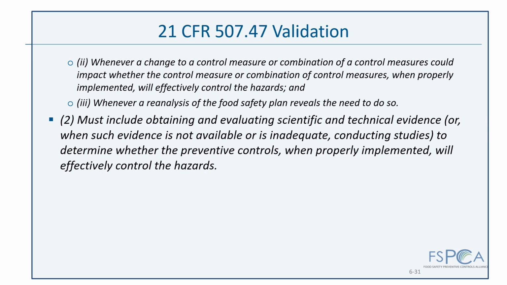But make sure that you actually go through that thought process of validating any change in your control when you're making those changes. Also, when you do a reanalysis and your food safety team realizes that you need to do some validation or revalidation of some preventive control, then you also need to do it at that point.